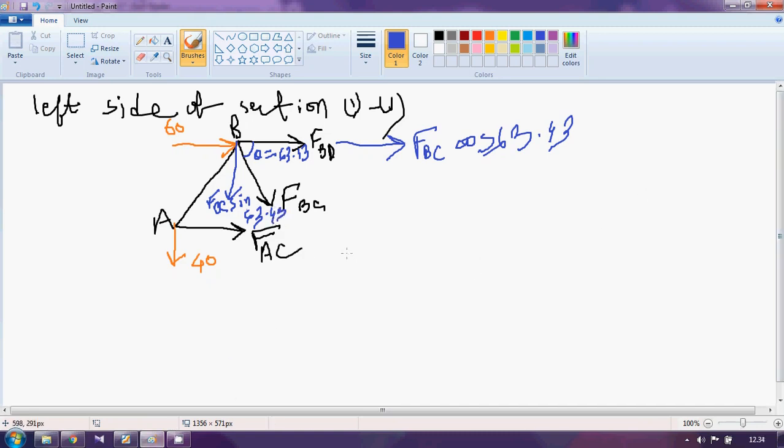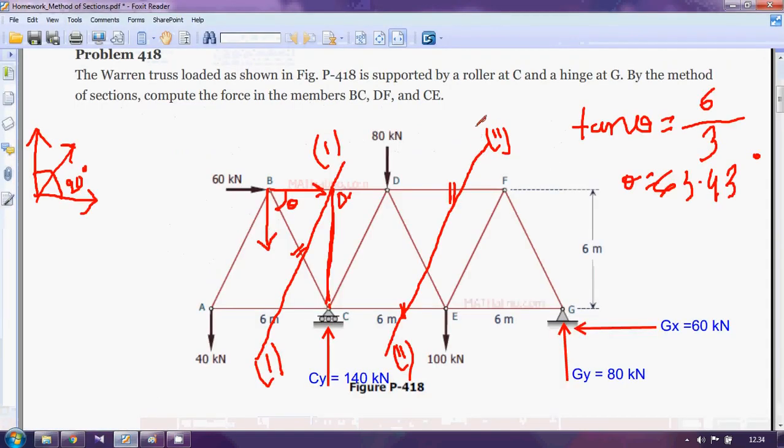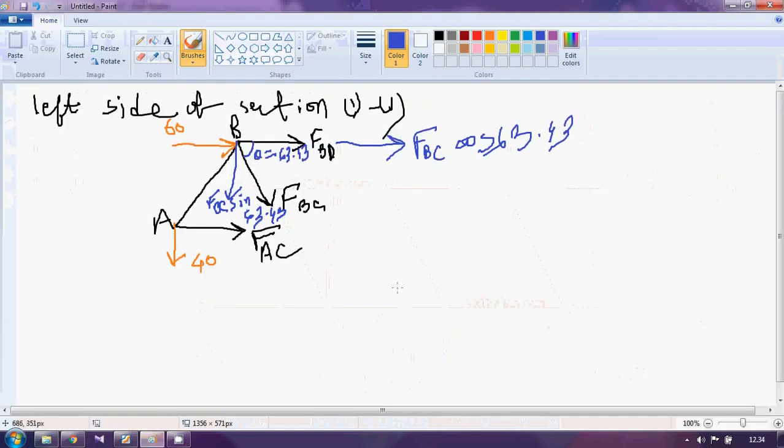Now, what force do you need to determine? The question says determine member force BC. So now tell me how you will proceed. If I take summation Fx equals 0, FBD, FBC cos, FAC and 60 will come, and I have 3 unknowns, so I cannot determine. What about summation Fy?